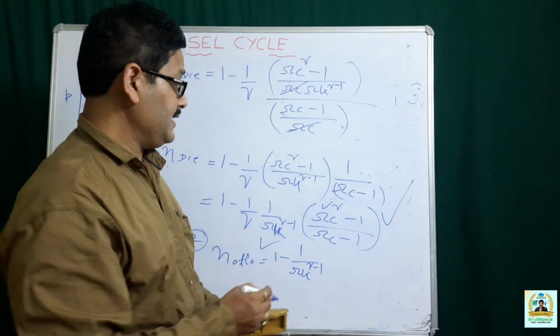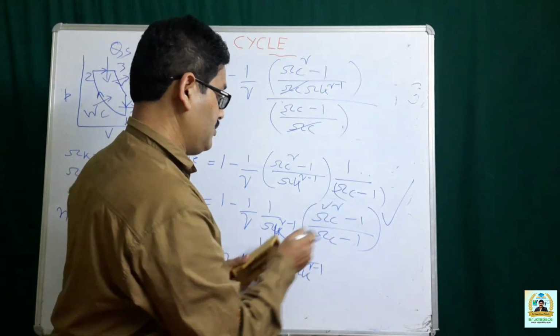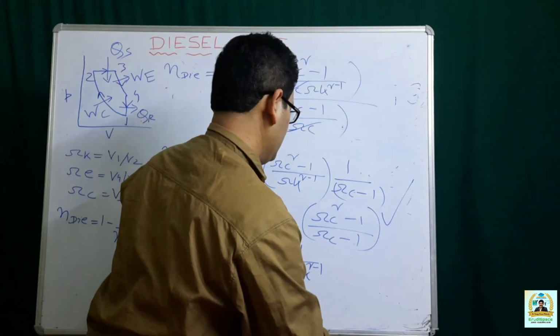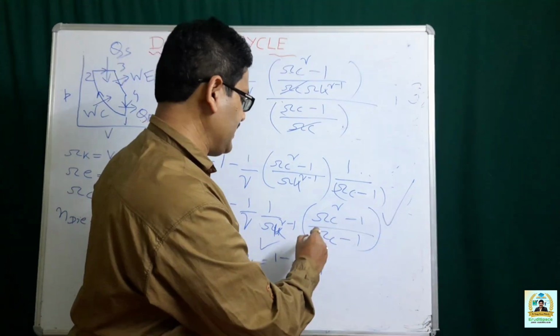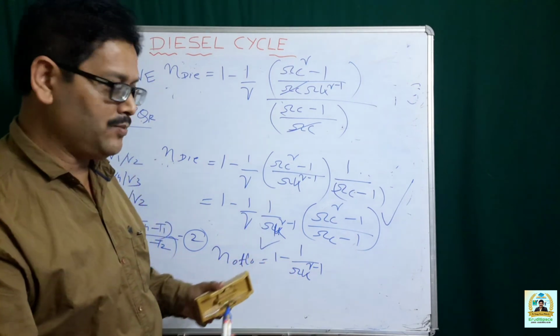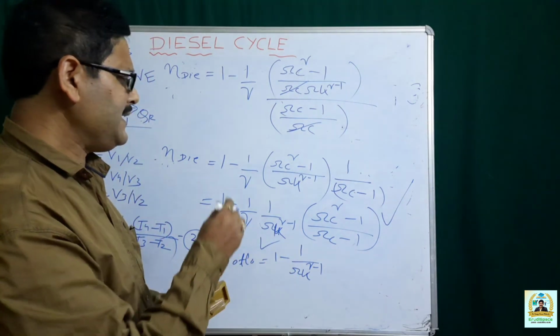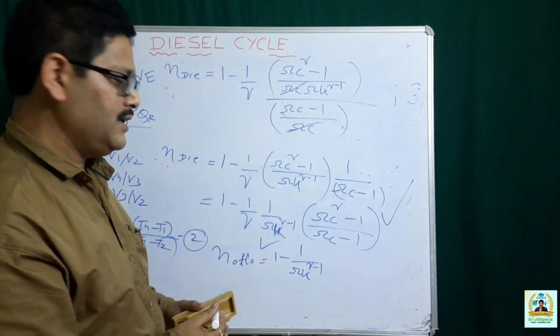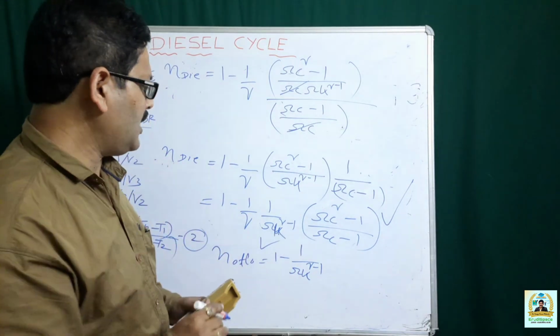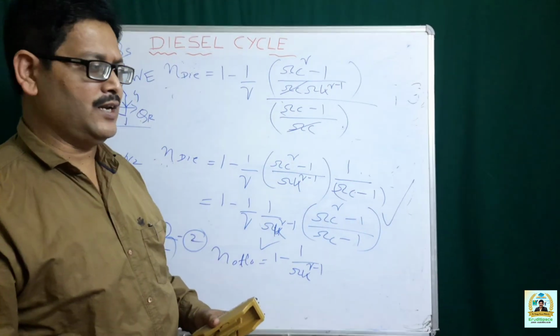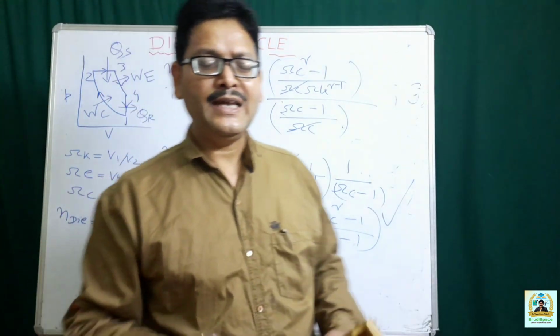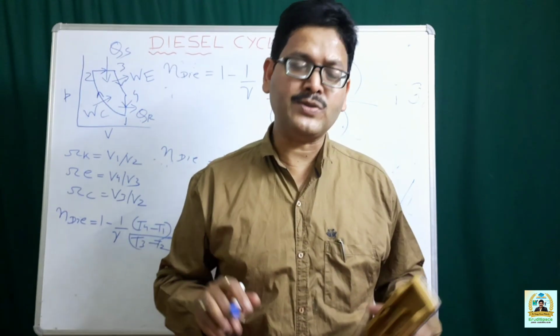So definitely this value, that is Rc to the power gamma minus 1 divided by Rc minus 1, will be more than 1, and in all probability the efficiency of the Diesel cycle will be found to be less than that of your Otto cycle.